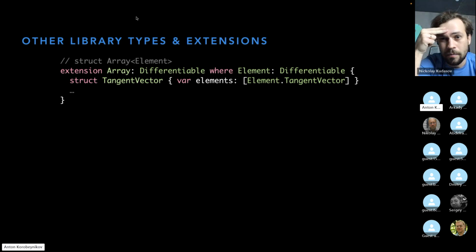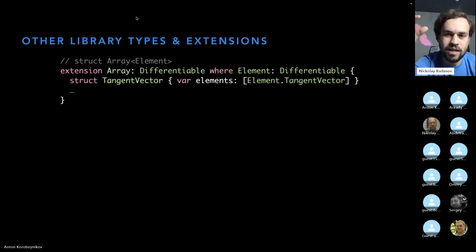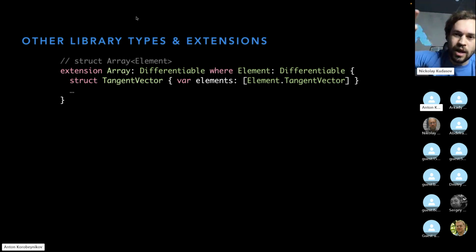So for Boolean, yeah, I'm asking because you had an example where you have a custom layer where you have a Boolean as a part of it. Since you have a Boolean as a part, you have basically a product of two spaces, one that you know is differentiable, and the other one is Boolean, right?